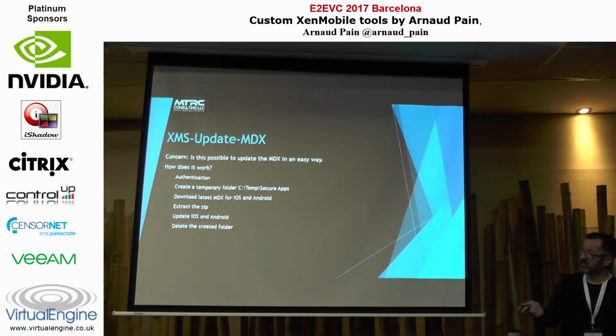To avoid this problem, I pushed them on my blog and they are downloaded over port 80. The MDX files are downloaded and extracted in this folder, and after that each application is updated individually on each platform. And at the end, everything is removed.